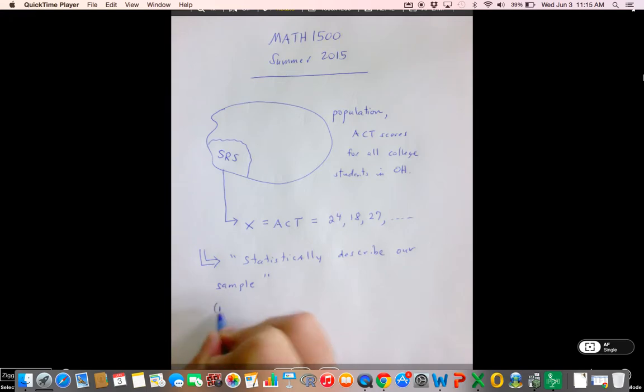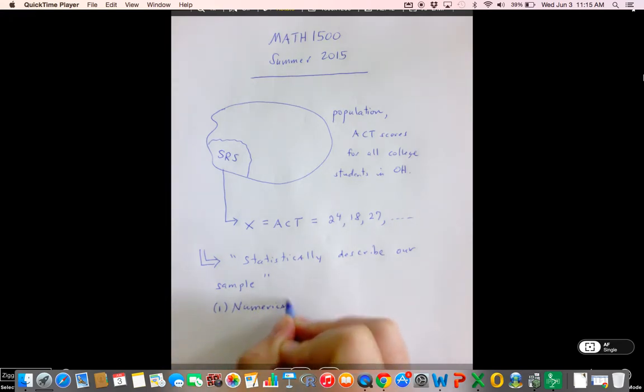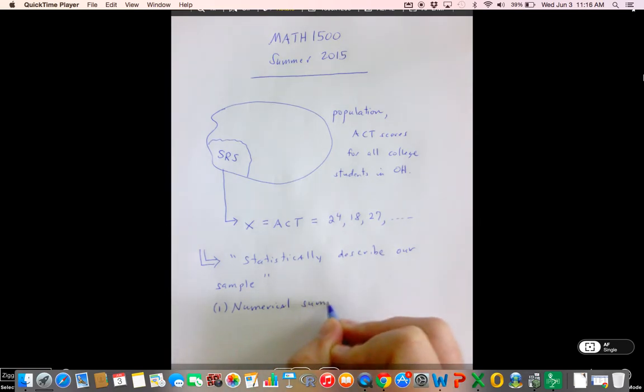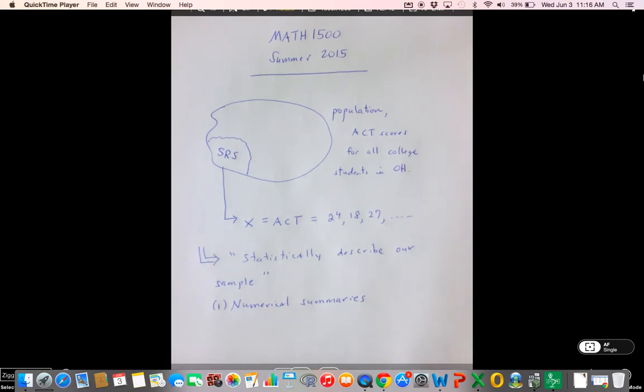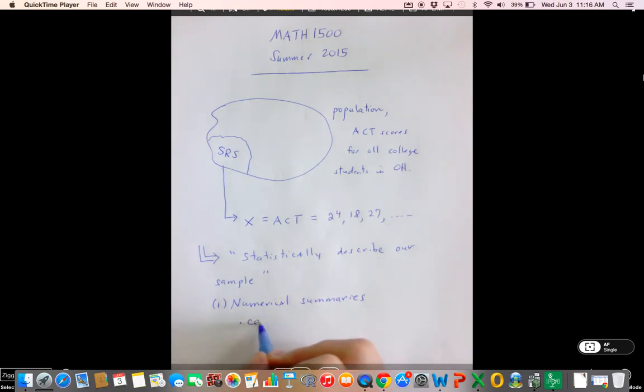The first thing we're going to want to do is make the appropriate numerical summaries. And as we saw in the previous video, the numerical summaries that we want to be able to make is an appropriate center statement, and an appropriate spread statement. The center statement gives us kind of a typical score.